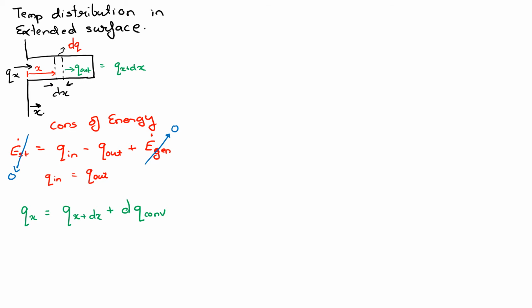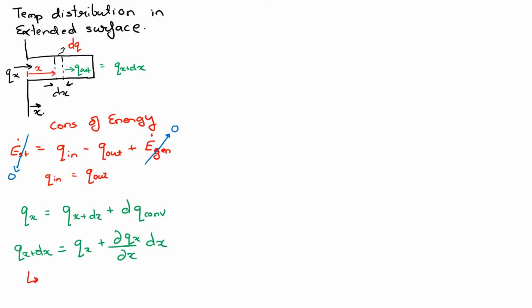Okay, so let's try to expand this. Our Qx will be equal to, we can write the Q of x plus dx from first order Taylor series expansion. So let's do that. Our Q of x plus dx will be equal to Q of x plus del Q of x by del x into dx.